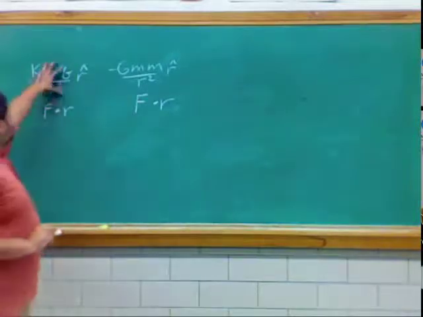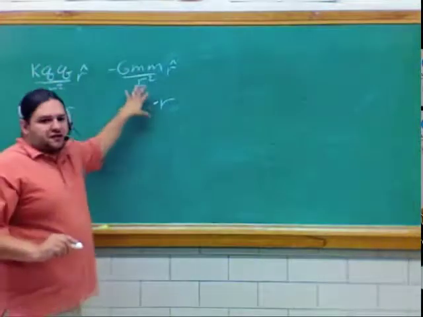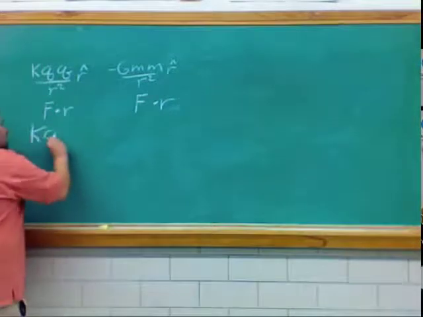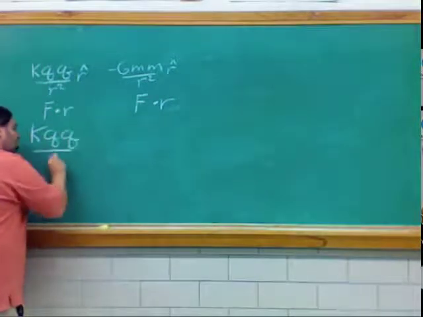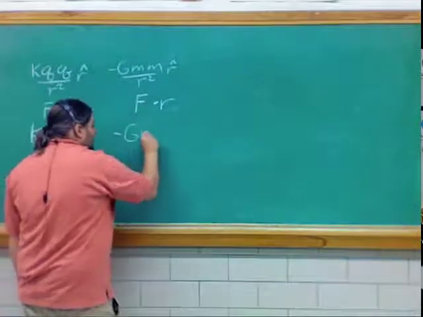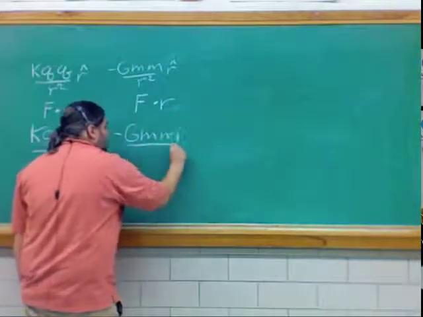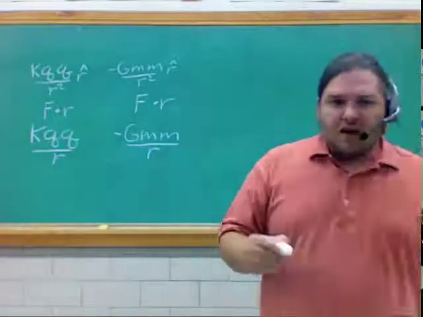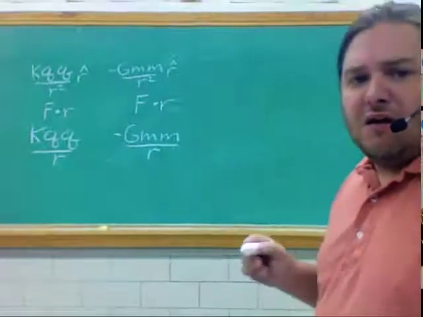If I substitute this in here, and I substitute this into here, I get this equation: K q q over r, and down here, negative G m m over r. So look at that. I've got my K q q over r, I've got my negative G m m over r.